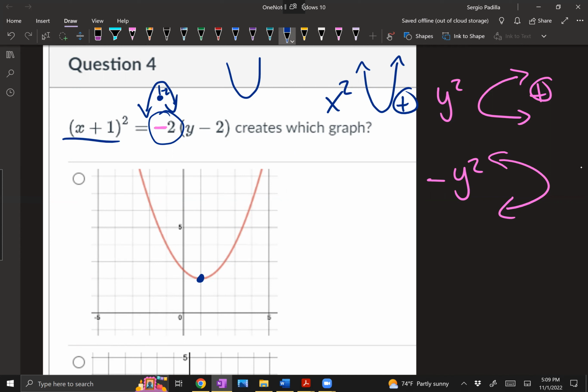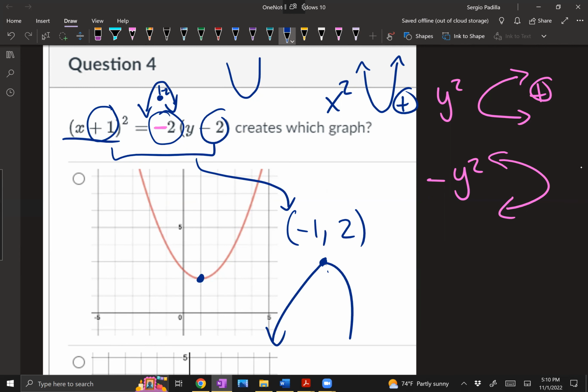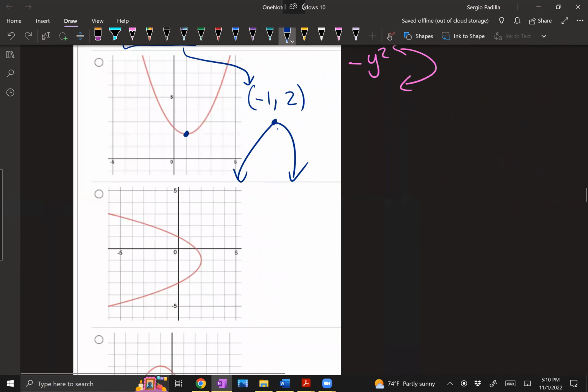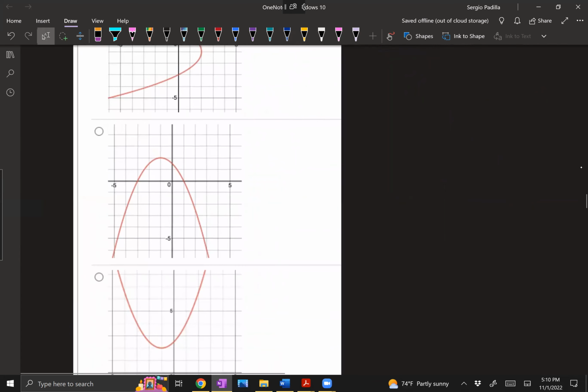The only thing left is just where the vertex is. When it's written in conic section form, the vertex in this case is going to be just the opposite of these two, -1 and +2. So now I need to look for a vertex at -1 and 2 that's facing downwards like this. Boom, right here. Pretty quickly, we can figure out a problem like this one as well.